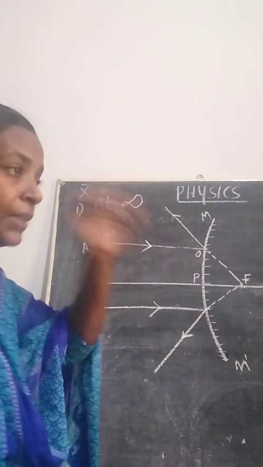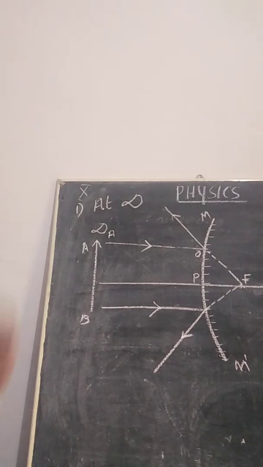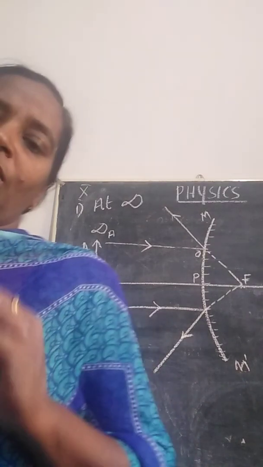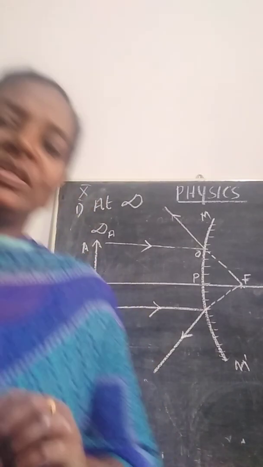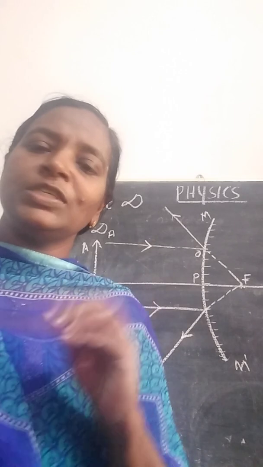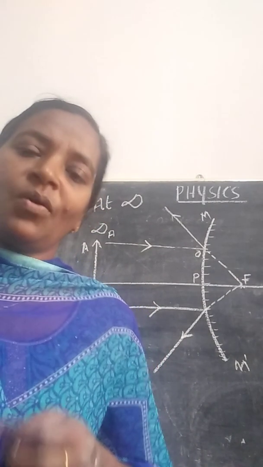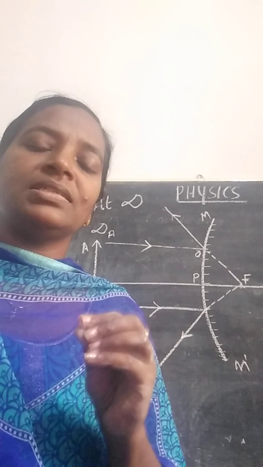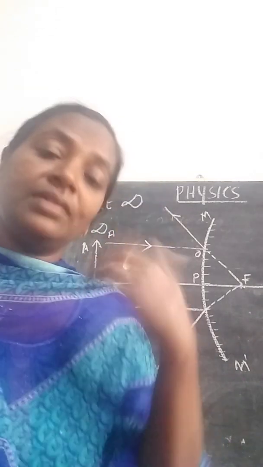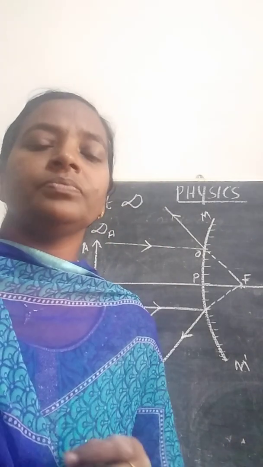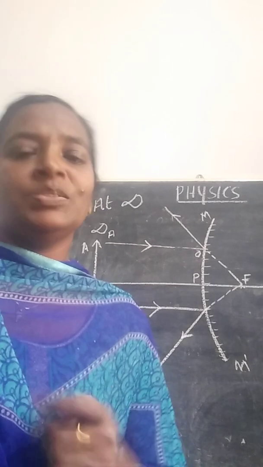These two rays appear to be from a common point on the principal axis, and that point is called the principal focus of the convex mirror. That is a virtual point. No such point lies in front of the non-reflecting side of a convex mirror, but we call it the virtual point, where we will get the virtual image of the virtual spherical mirror.